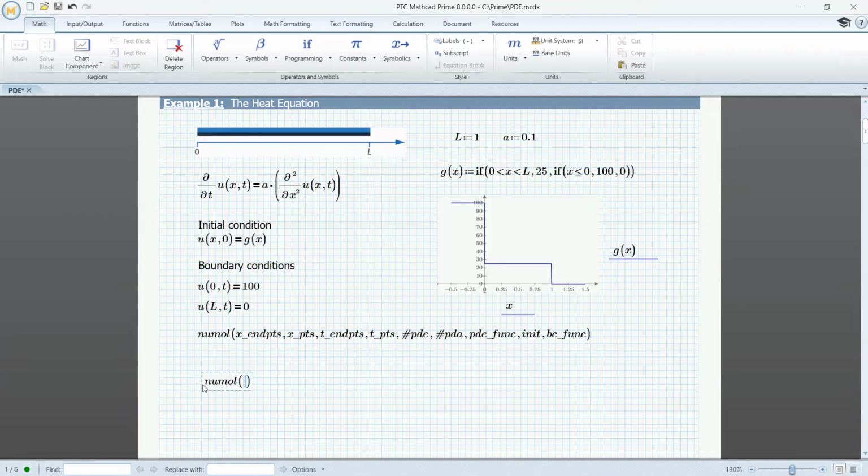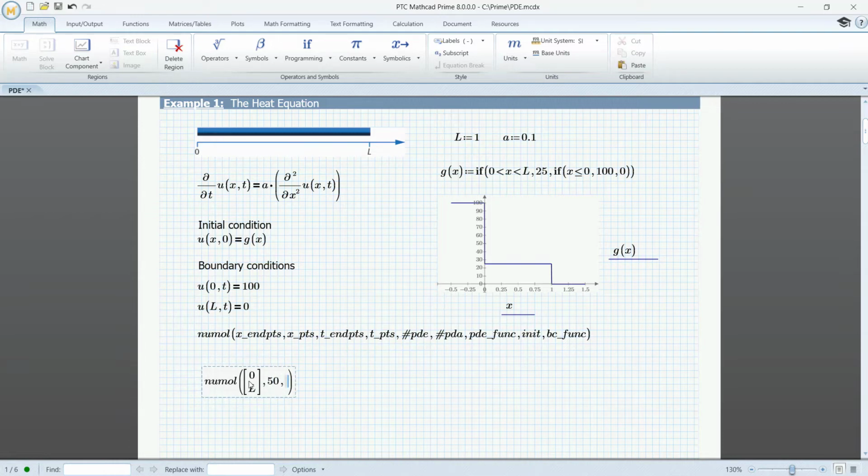The first is the x endpoints from 0 to L, entered in a matrix: 0, L. Then the number of x points, let's say 50.